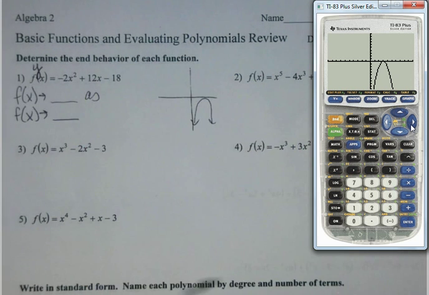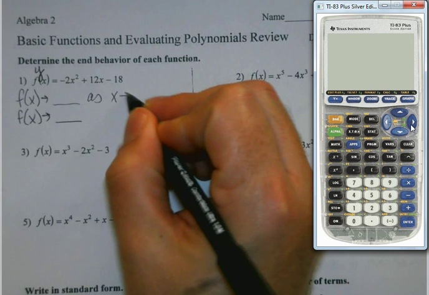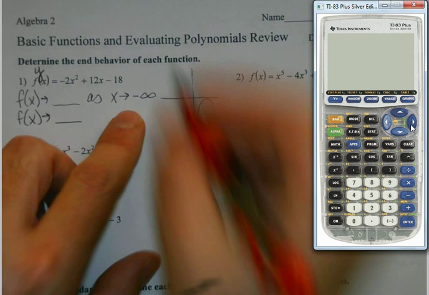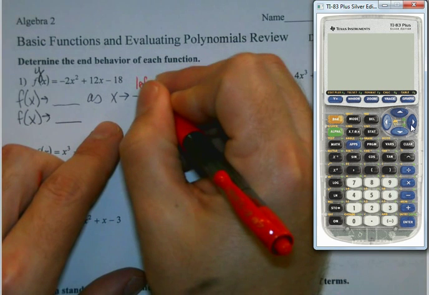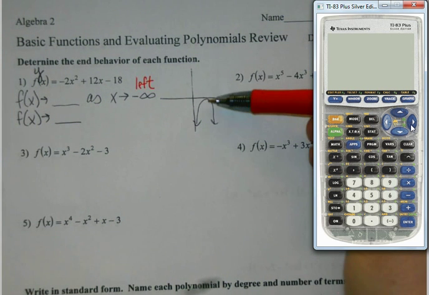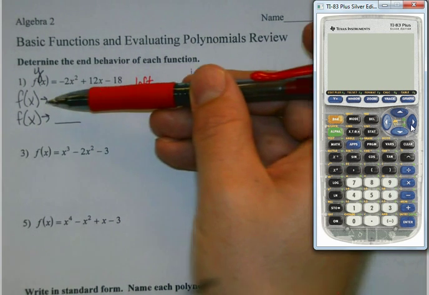Because when we're describing end behavior, we're describing what's happening visually from left to right in my picture. So when I put this part, here's what I'm actually saying in English. As x goes to the left, if you think about the x's, where are you heading towards? You're heading towards negative infinity.